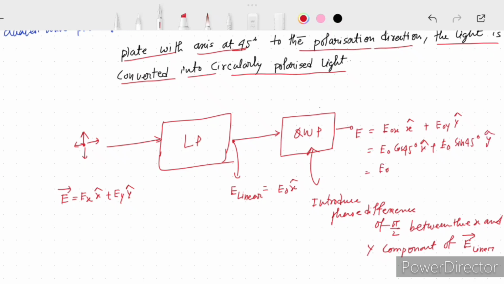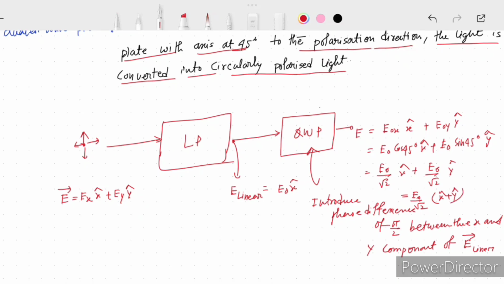That is E0 upon root 2 x cap plus E0 upon root 2 y cap. So finally we get E0 upon root 2 times (x cap plus y cap).